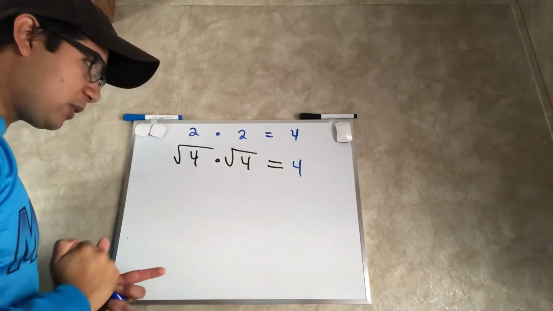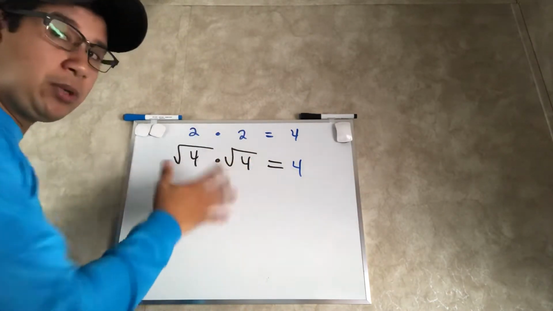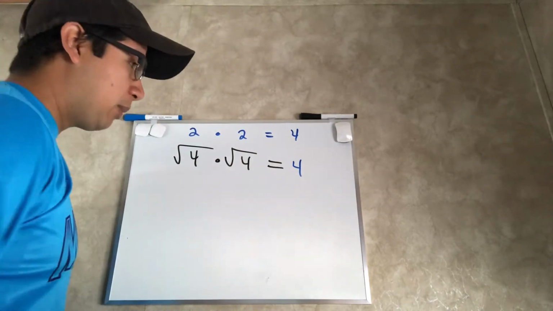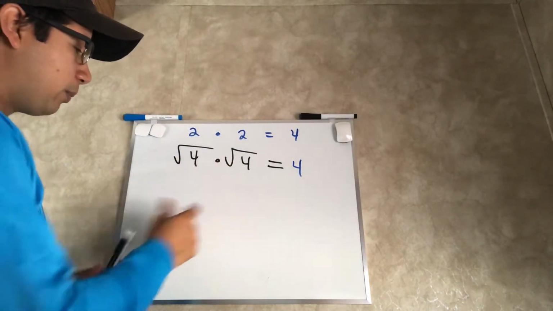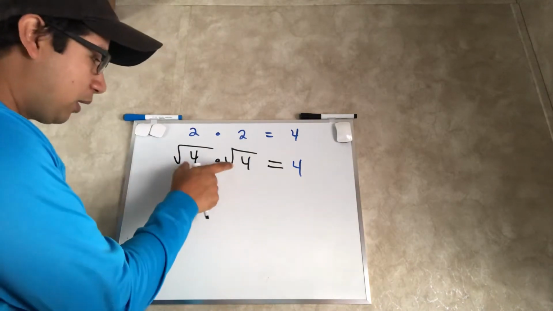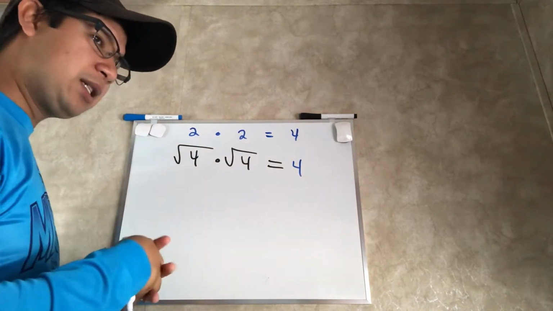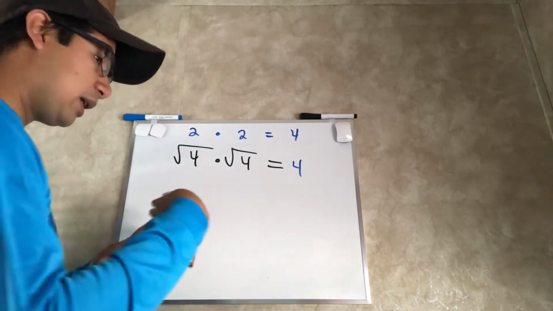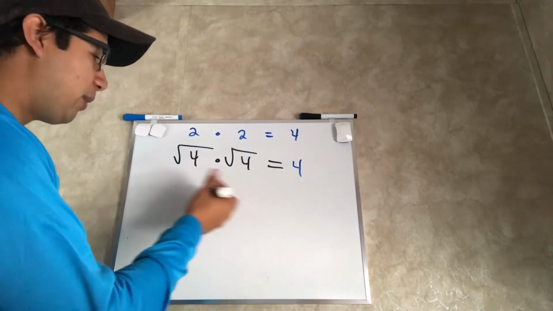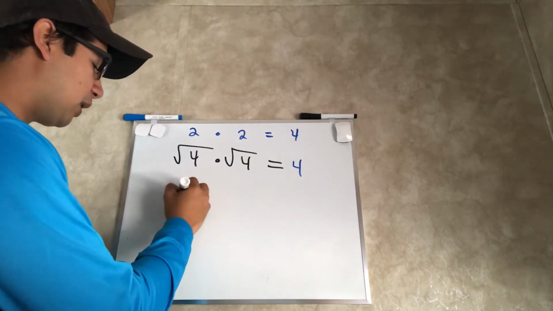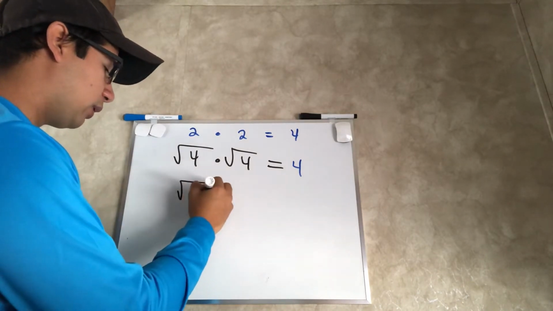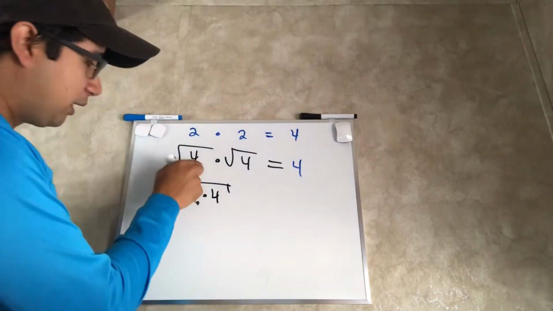Now, this is easy because we know what the square root of 4 is. But remember, for other examples, if 2 radicals are being multiplied, they could be joined. You could combine them. This here actually becomes the square root of 4 times 4. See how they're separated?